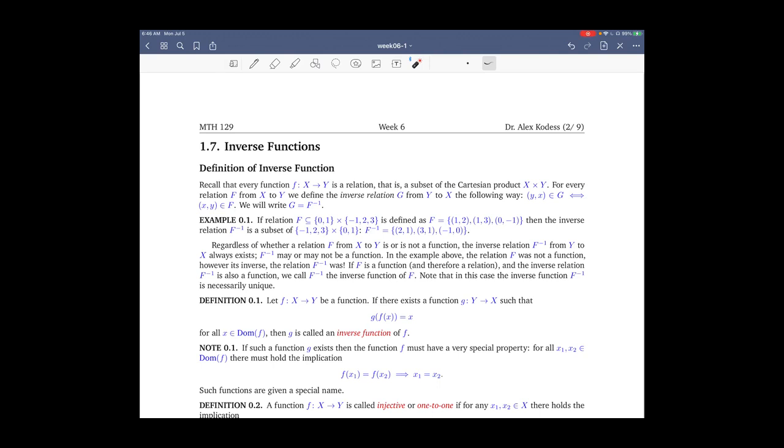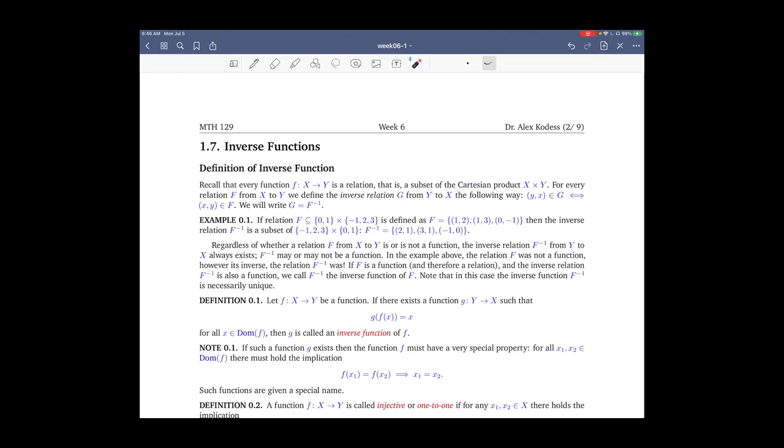And in this case, we will write G equals F to the negative 1. Note immediately that this is not 1 divided by F. 1 divided by F doesn't make sense here because F is not a number, nor is it a function in general. It's a subset of the Cartesian product.